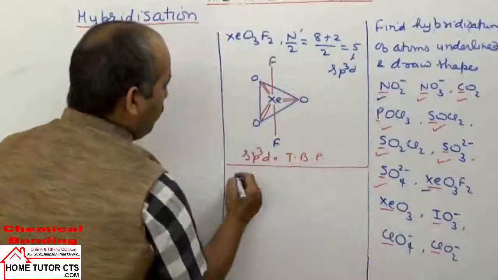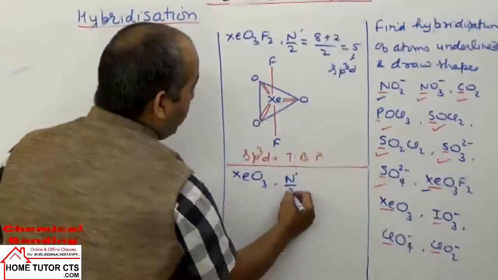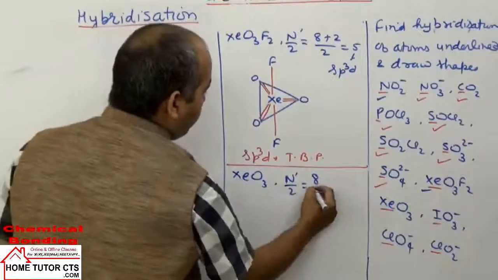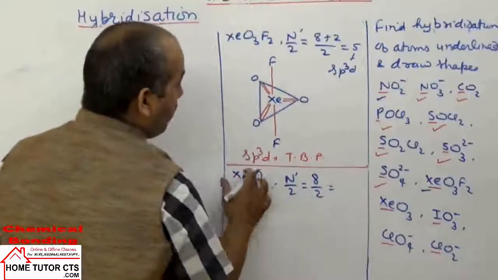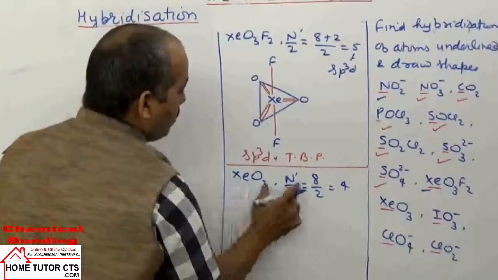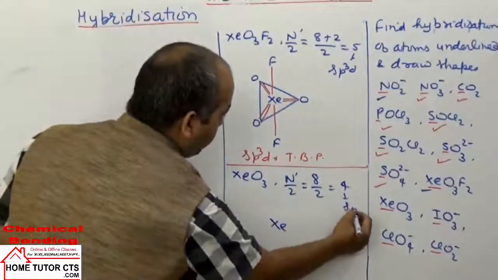Now next is XeO3. What is the value of N-2 here? Xenon is a noble gas with 8 electrons, no other monovalent atom, so 4. So it has 3 sigma bonds and then 1 lone pair. So draw geometry as per hybridization sp3.